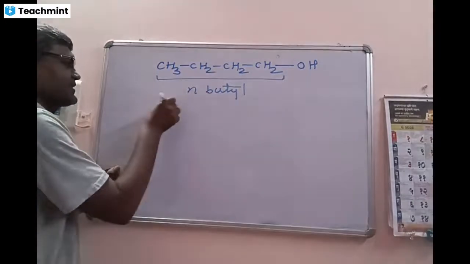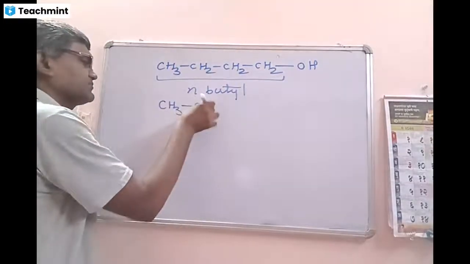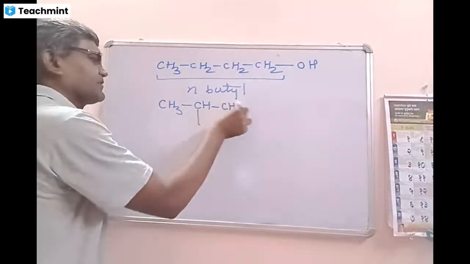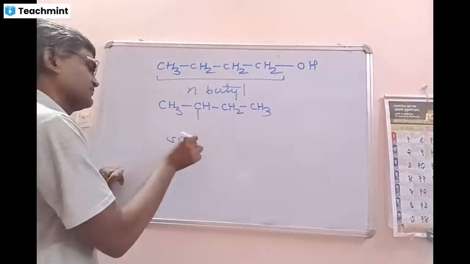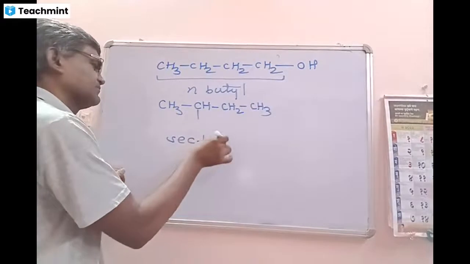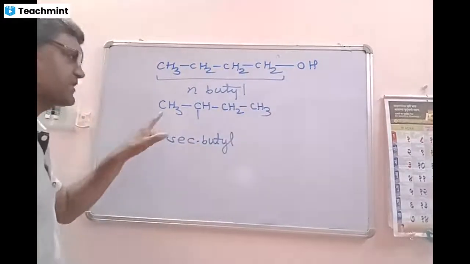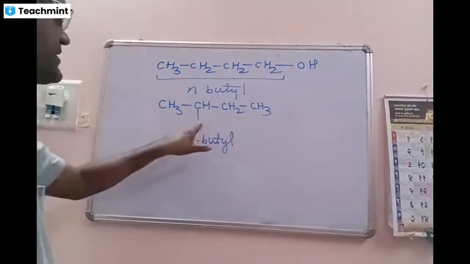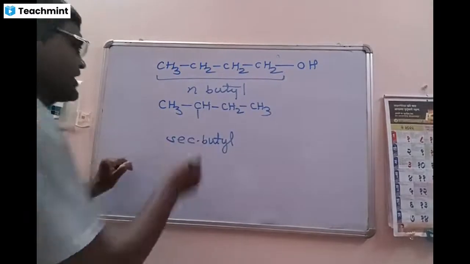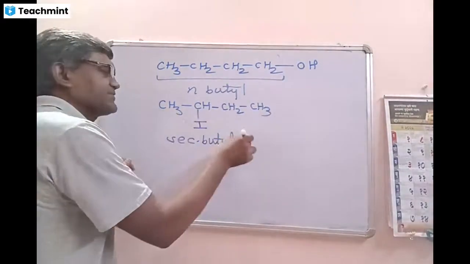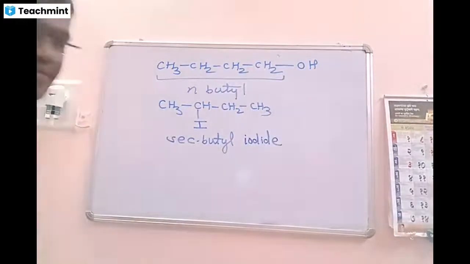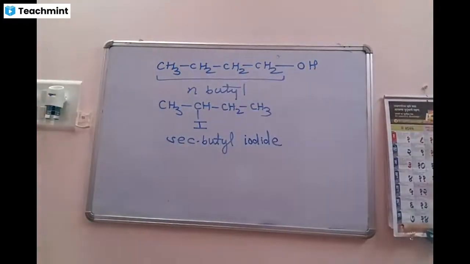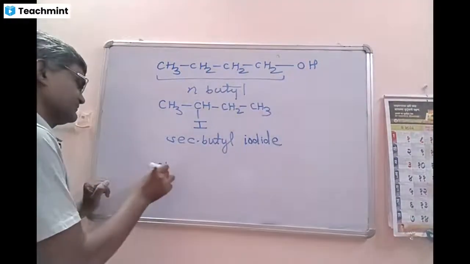And this one is there. This is your secondary butyl. How many carbon atoms are there? 1, 2, 3, and 4. This is your secondary butyl. If you write here I, then this will be secondary butyl iodide.